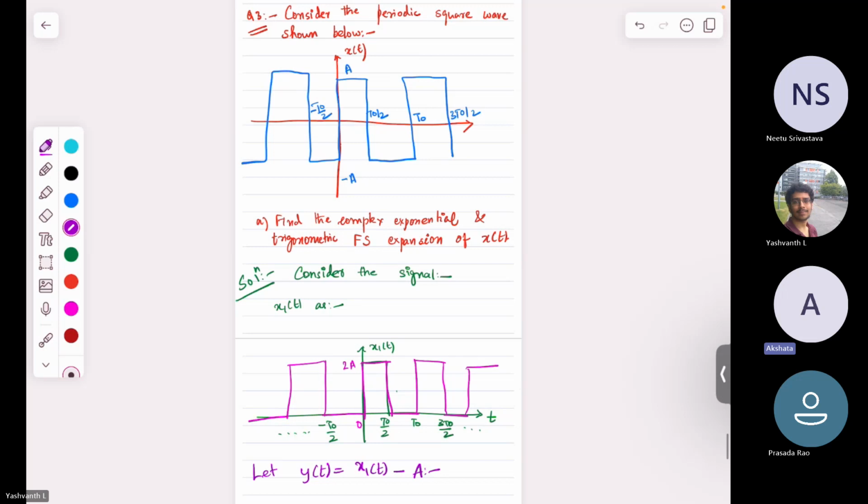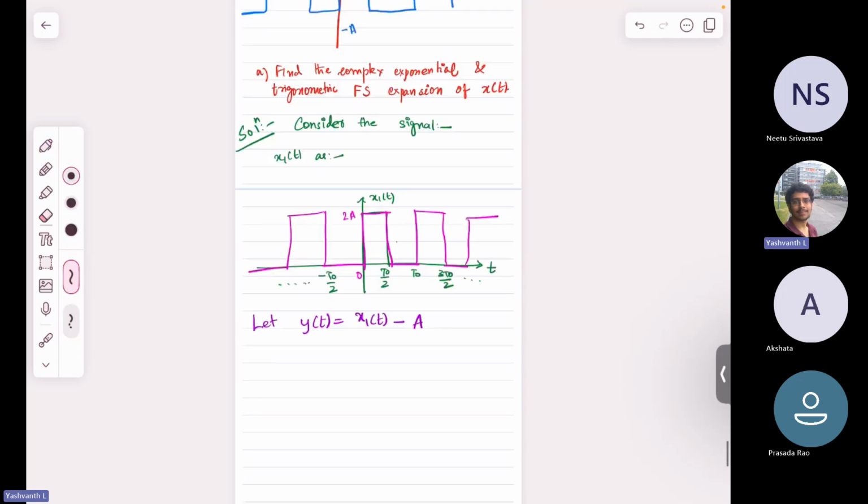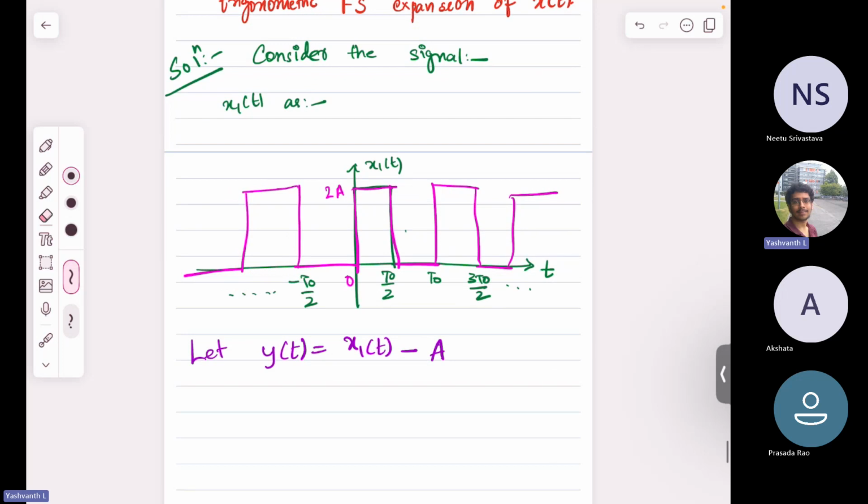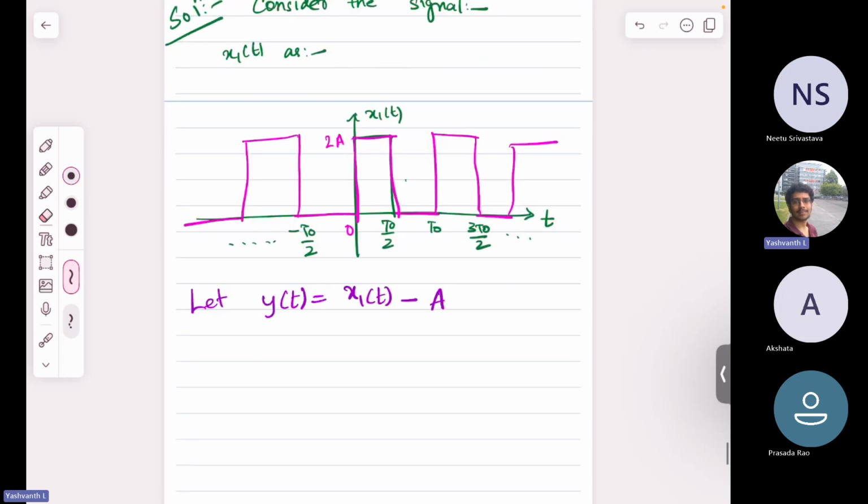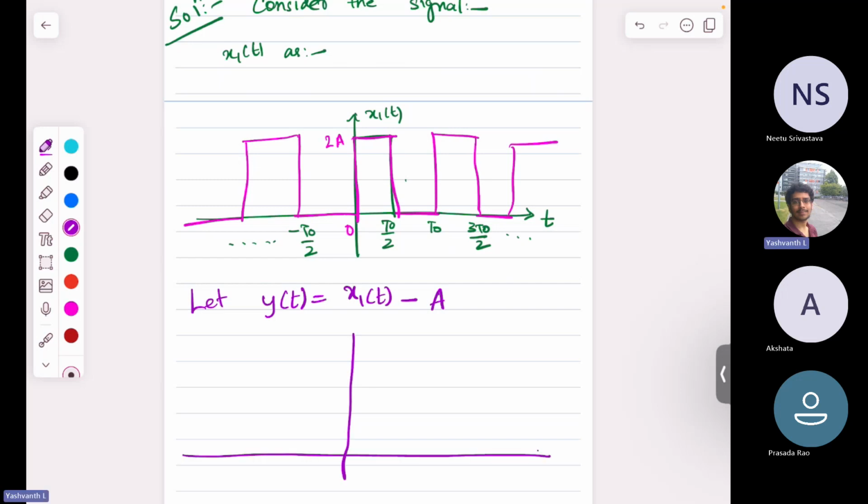Both are odd signals. No. What I'm asking is, if I construct y of t, so basically x1 of t minus a, how will it look? It will look something like this.